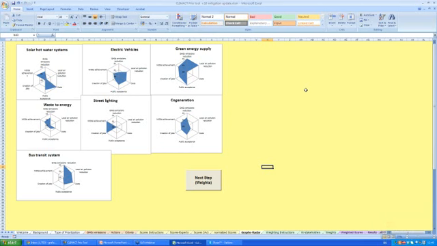I would like to emphasize here that the whole process and the final outcome is very much dependent on the number of criteria, on the type of criteria we select, and of course on the weighting of criteria, which is the next step. So here what we see is how the different actions score against the selected criteria, having equal importance.